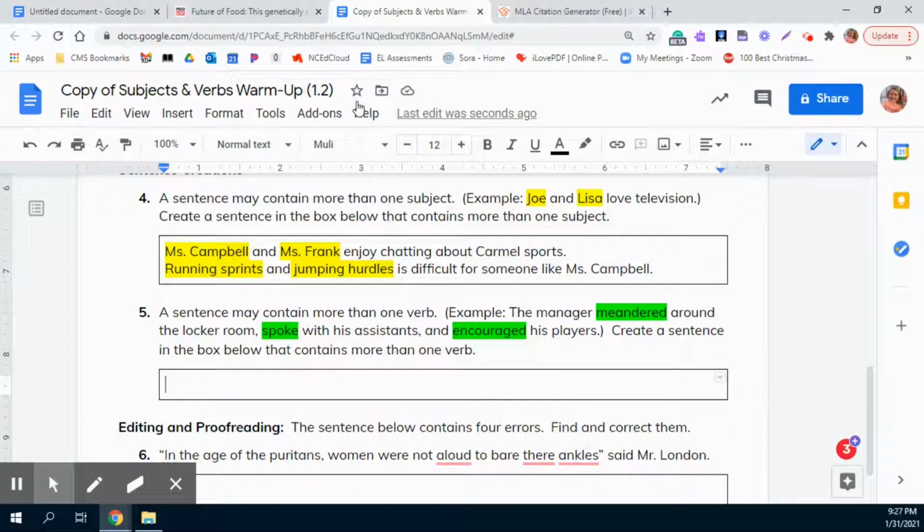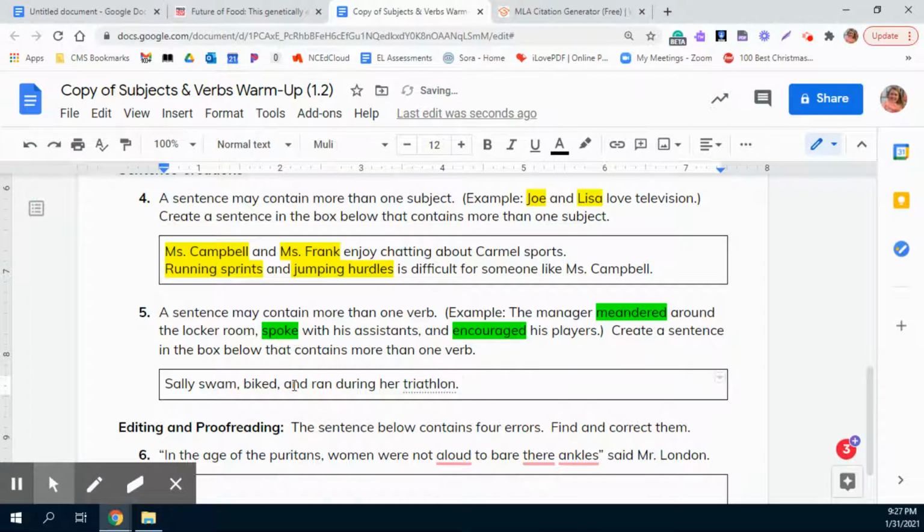So I'm going to make up a person. Sally. What did she do? She swam, she biked, and ran during her, she's going to do a triathlon.